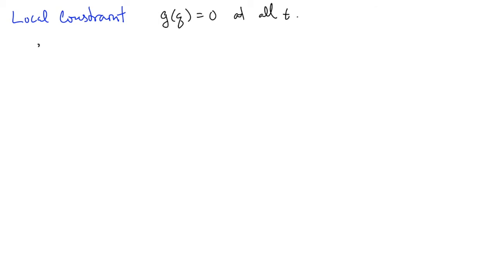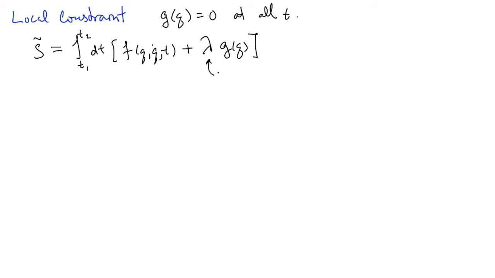And again, we're going to do it by constructing a new action, or a new integral or functional, to find the stationary points of with the help of a Lagrange multiplier. So it's going to be our original function, f of q, q dot, t, plus now a Lagrange multiplier, which I'm going to write as lowercase lambda, times g of q.